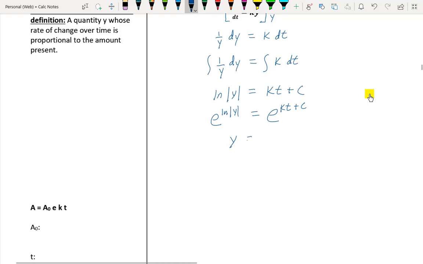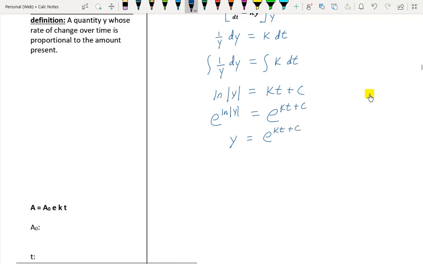And the reason I'm not is because if you look at the right side here, no matter what t is, no matter what c is, no matter what k is, this right-hand side will always be positive. So e raised to any power is always going to be positive, so we don't need the absolute value on the y anymore. And so we would say that this side is e to the k times t plus c.